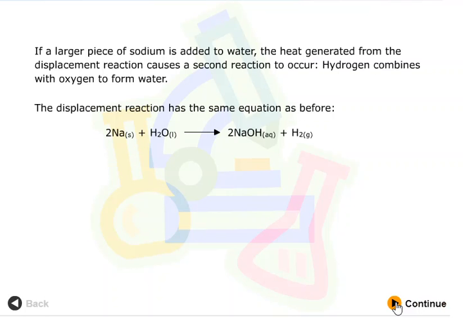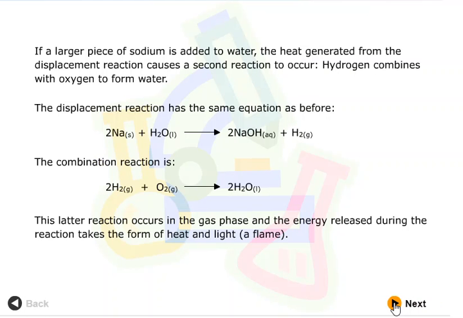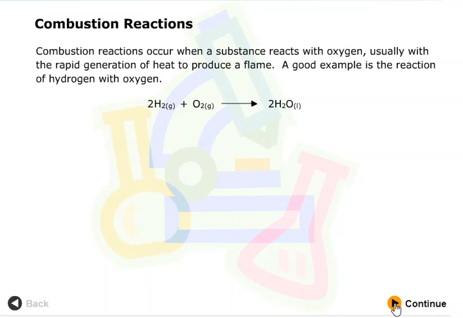So, the displacement reaction has the same equation as before: 2Na plus 2H2O form 2NaOH plus H2. The combination reaction is 2H2 plus O2 to form two water molecules. The latter reaction occurs in the gas phase and the energy released during the reaction takes the form of heat and light, as you have seen in the video.